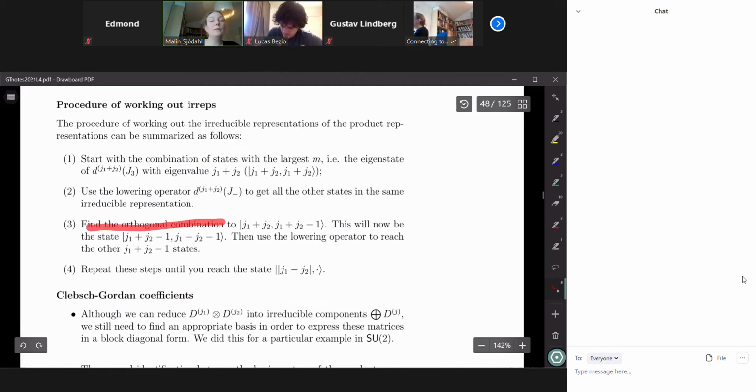We would have found all the orthogonal combinations to the state where this is lowered once. So note here that this state is that state, but with the eigenvalue being 1 unit lower for Z there.